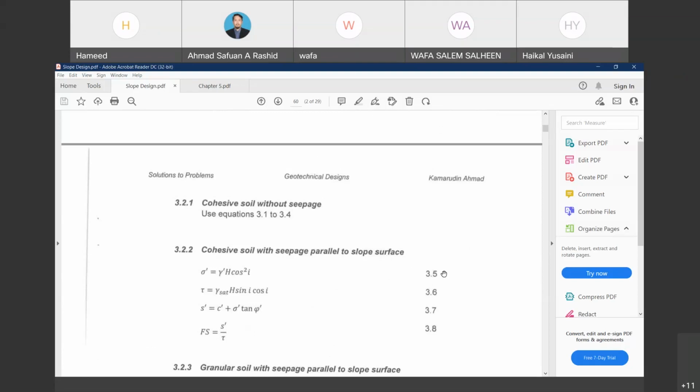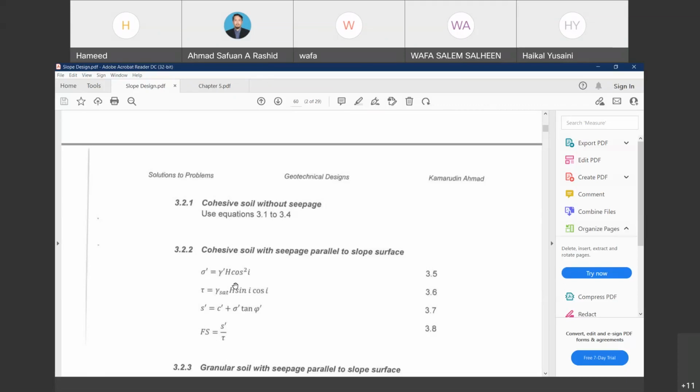So 3.5 is the pore water pressure, while 3.6 is the shear stress. For the shear stress, we may not use the effective stress value to get the tau, because water does not have the ability to shear.